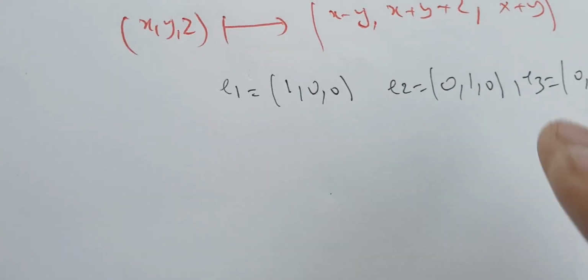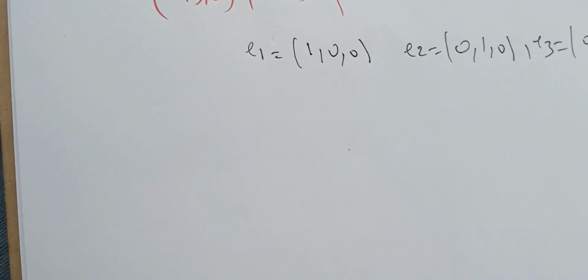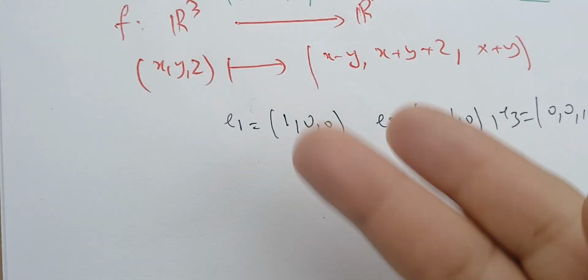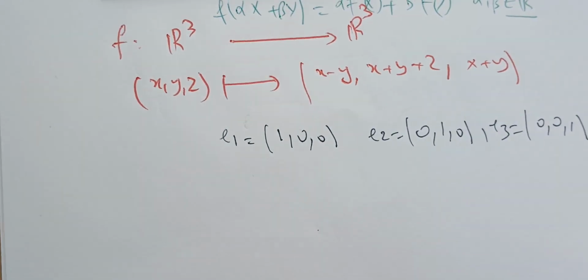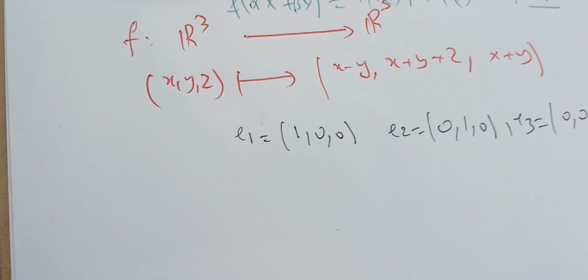So we need to find the image of each of these vectors by our mapping F, and we can represent them in columns. And doing that, that's the matrix of this linear mapping.